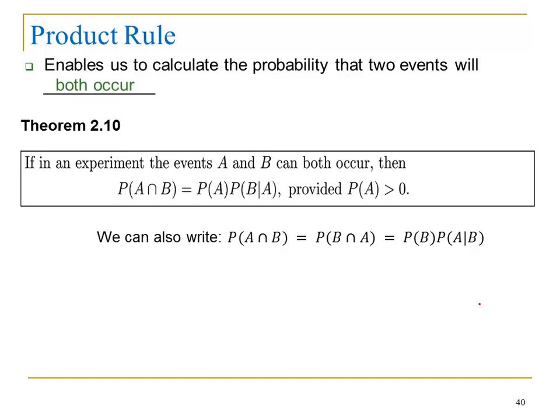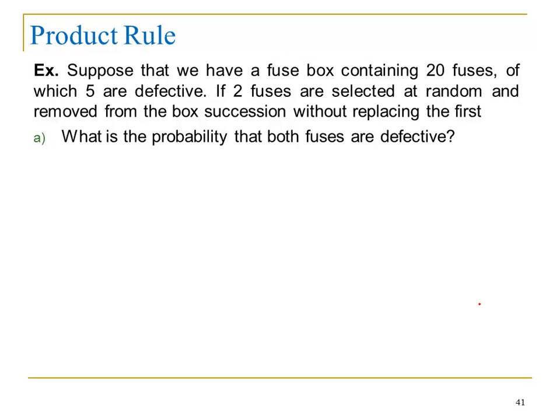We can apply that product rule in our next problem. Suppose that we have a fuse box containing 20 fuses, of which 5 are defective. If 2 of them are selected at random and removed from the box in succession without replacing the first, what is the probability that both are defective?